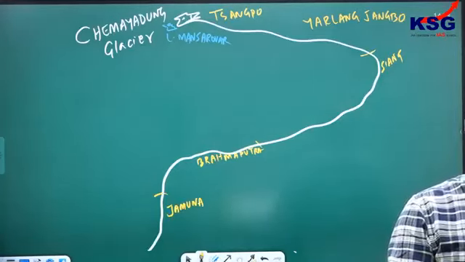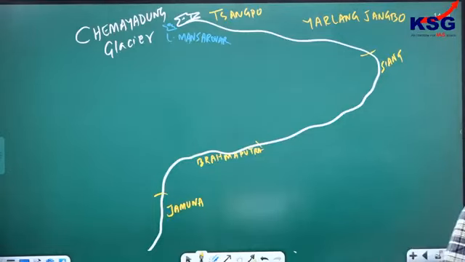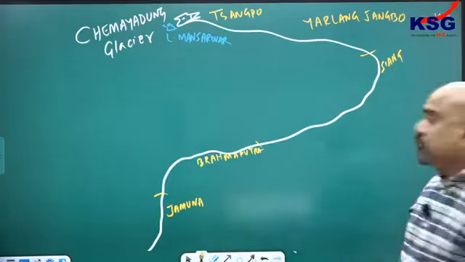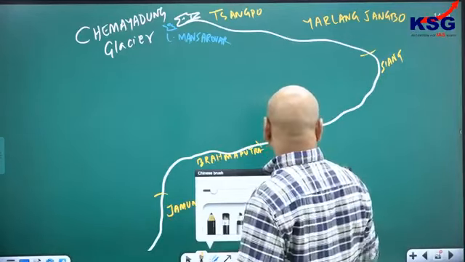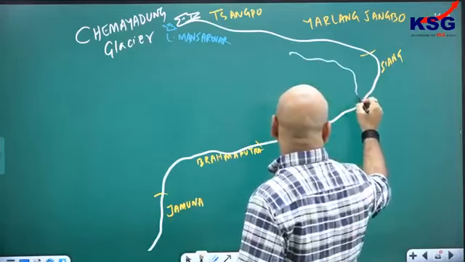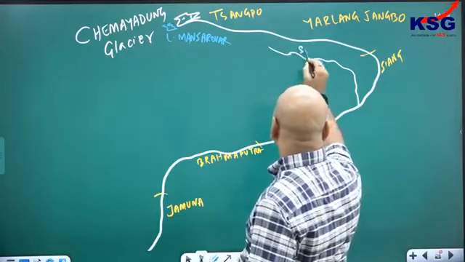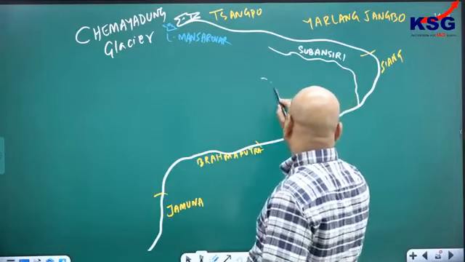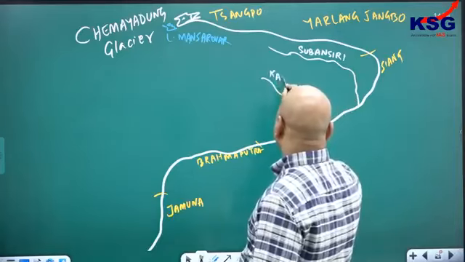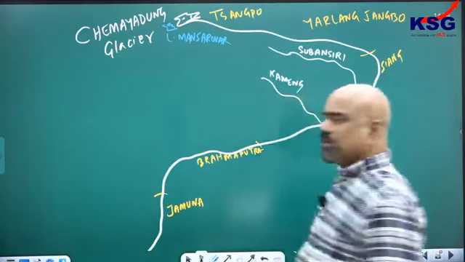Can you just look at that? Okay, here it is, the river name, let me see. Subansiri River, Kameng River. Can you see this?